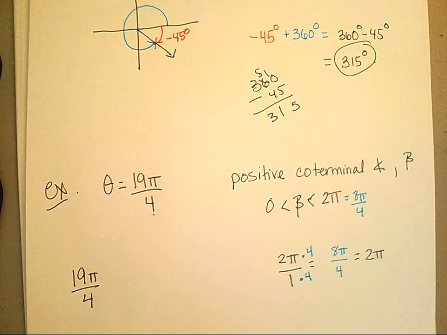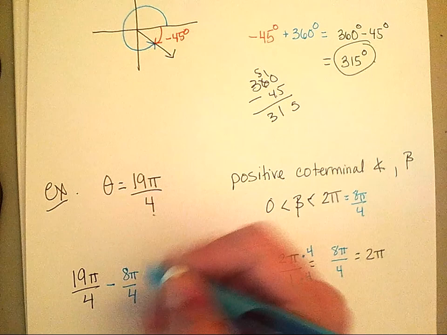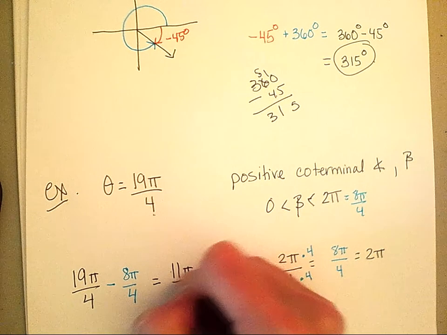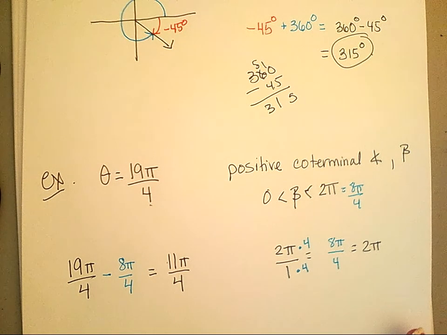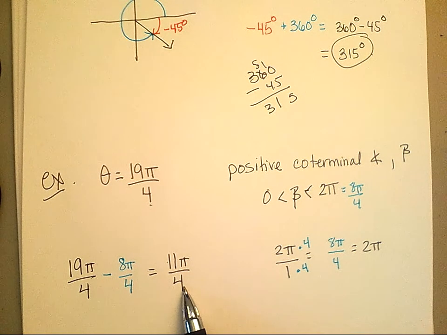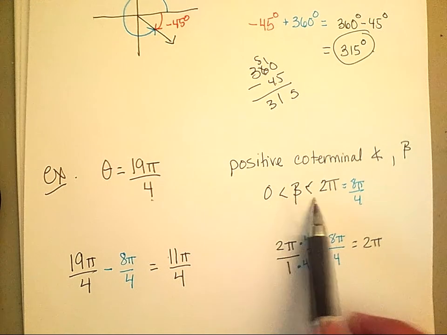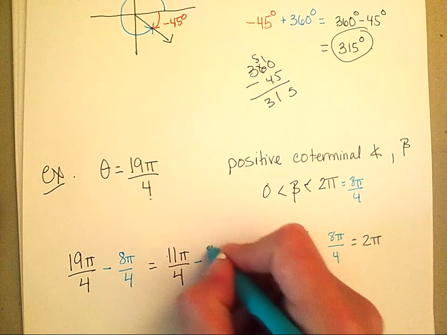So here we go. 19 pi over 4, I want to subtract off one rotation, which is 8 pi over 4. That's equal to 11 pi over 4. Now 11 pi over 4 is still larger than 8 pi over 4, so we're not in this range.